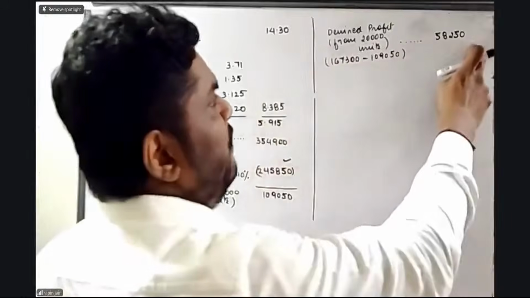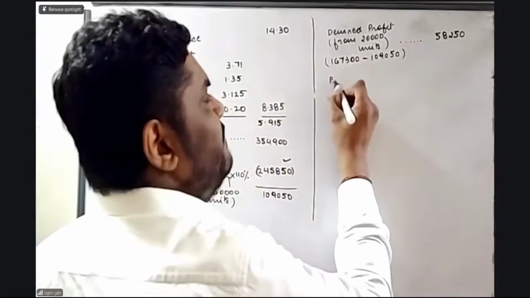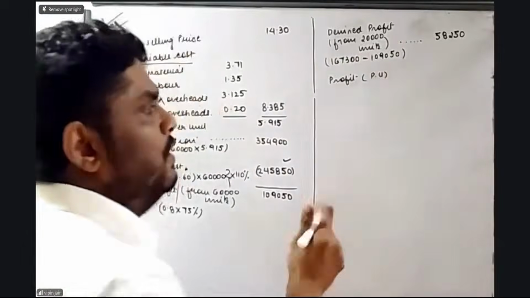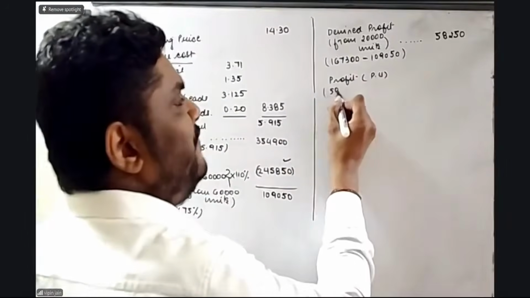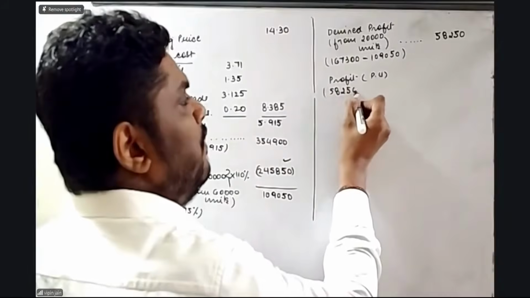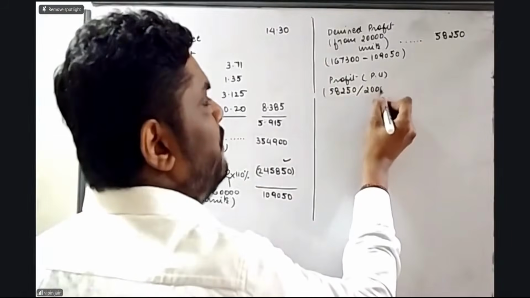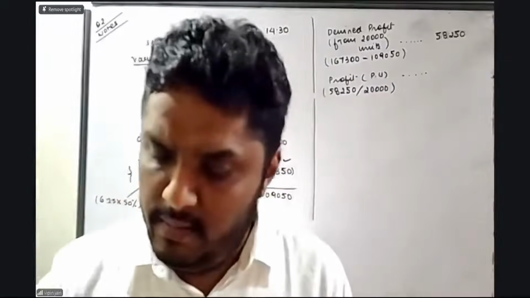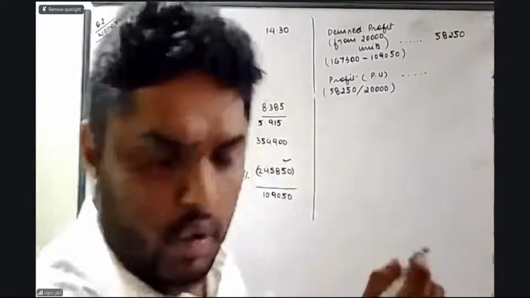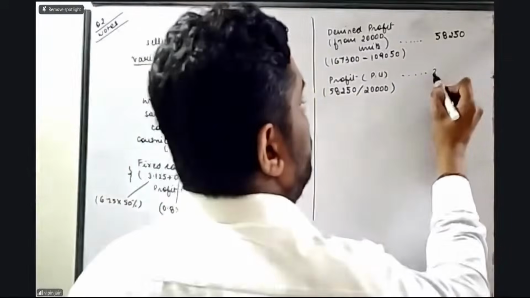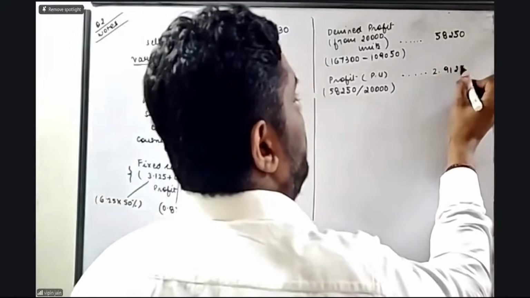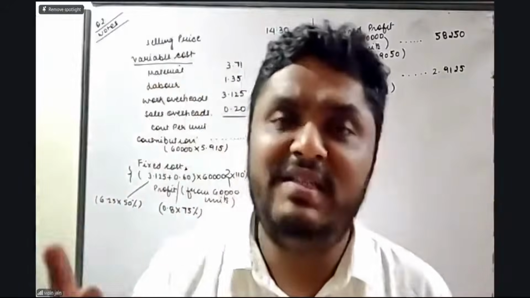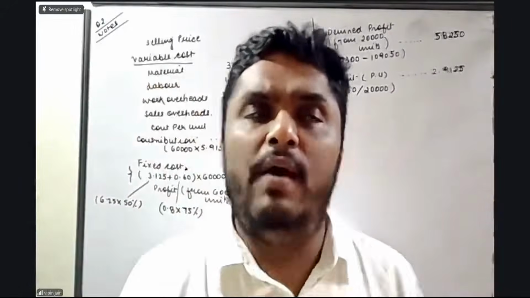See, we have the profit overall. So we will calculate the profit per unit first of all. So 58,250 is my profit from 20,000 pieces. So per piece, how much profit am I expecting? 2.9125. This is the profit I'm expecting. And the cost to manufacture these 20,000 umbrellas will be how much?